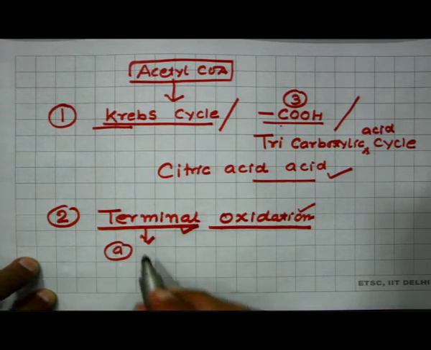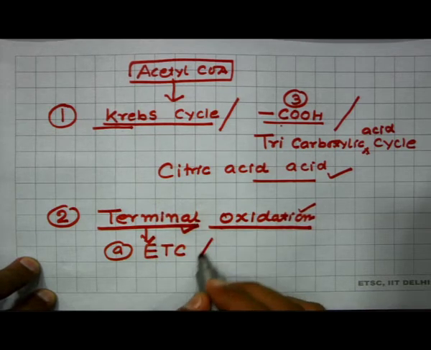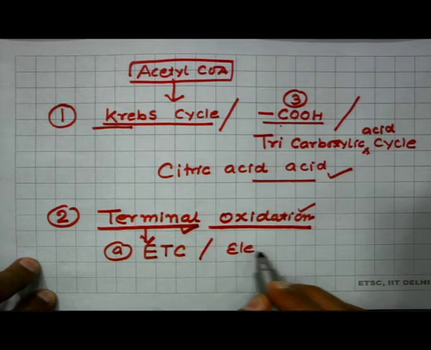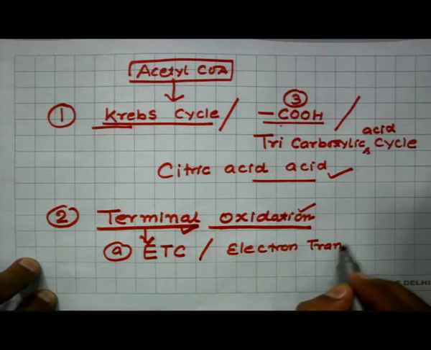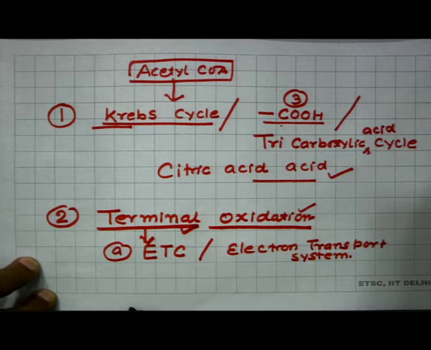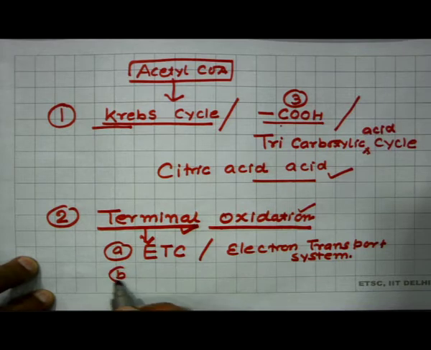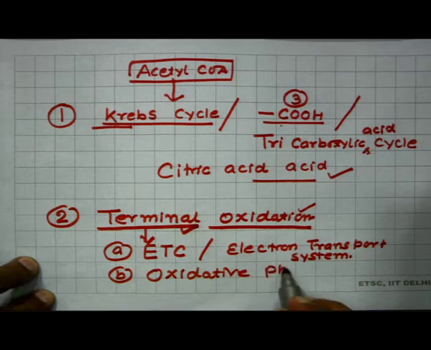The one part is called the electron transport chain or electron transport system. And the other process, which is sequentially attached with the electron transport chain, is called oxidative phosphorylation.